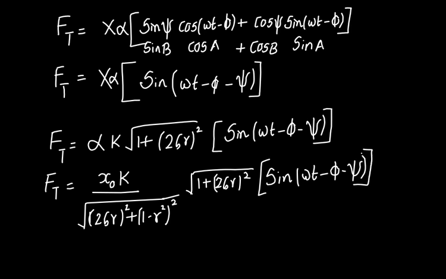That is correct. So is there anything else? Okay, fine. It's square root of 1 plus 2 zeta r the whole square divided by, okay, fine.